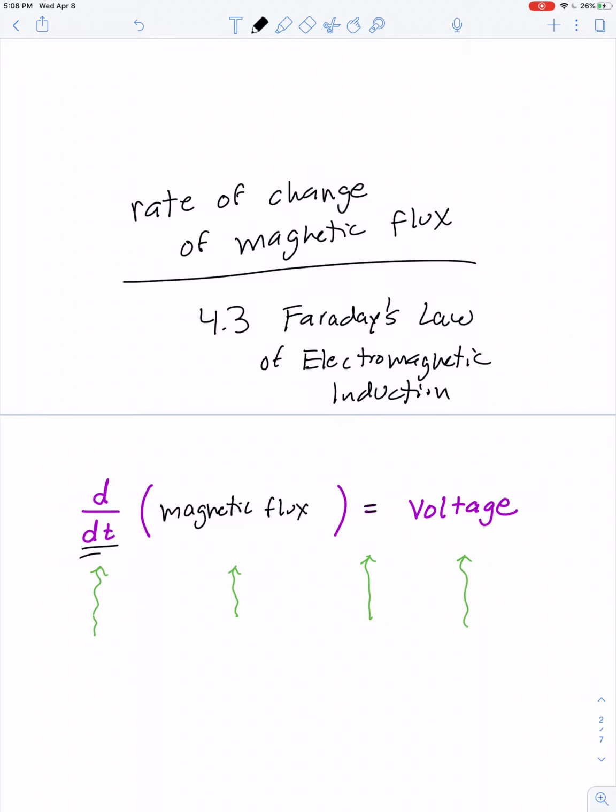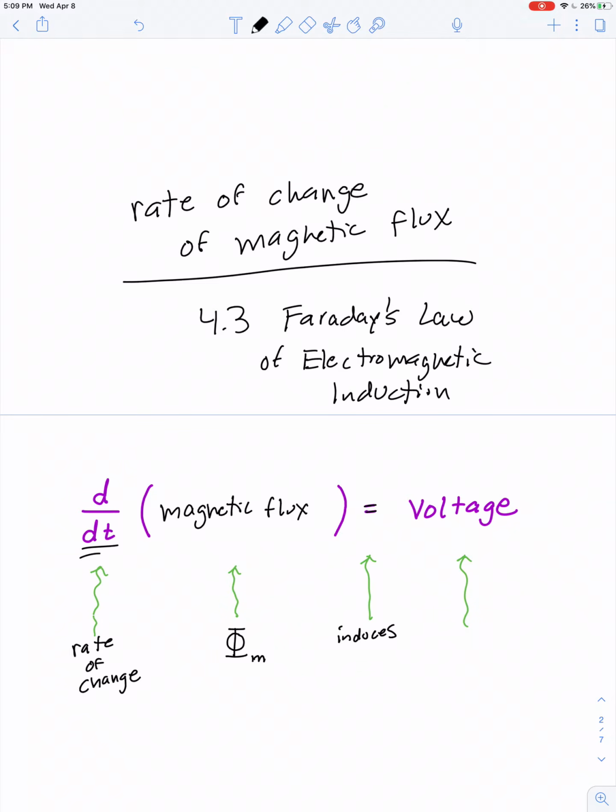So by saying d dt, we're saying rate of change. Magnetic flux can be symbolized with the capital Greek letter phi, and so as not to confuse it with electric flux, we'll put phi subscript m. And instead of saying the rate of change of magnetic flux equals voltage, we'll say it's the rate of change of flux that induces a voltage.